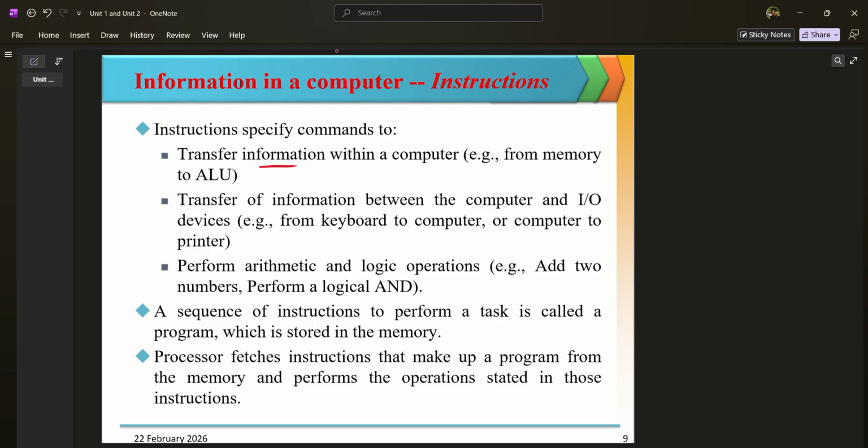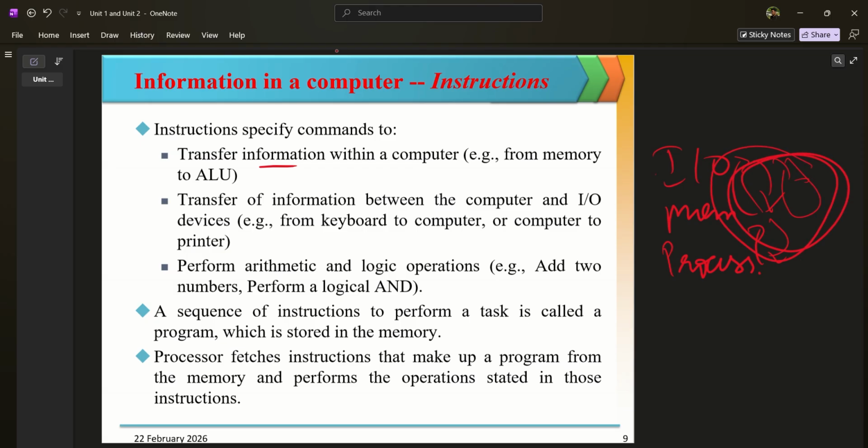We saw that there are components in a computer which take care of input, output, memory, and processing. Instructions are the commands which enable a dialogue between everything and everything else. Instructions are the things which help these things to happen.